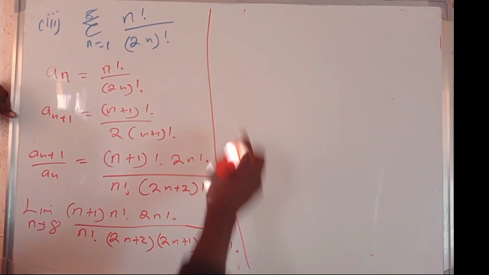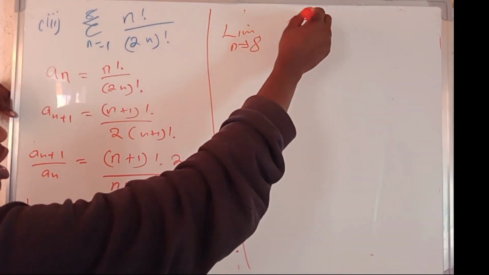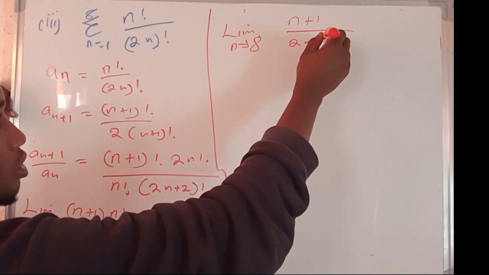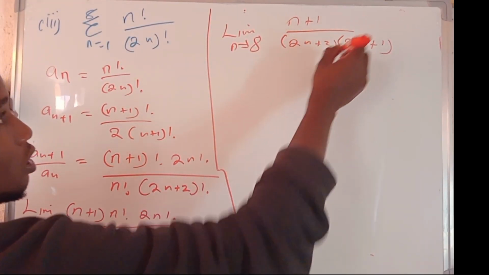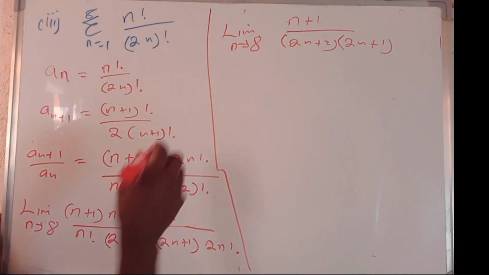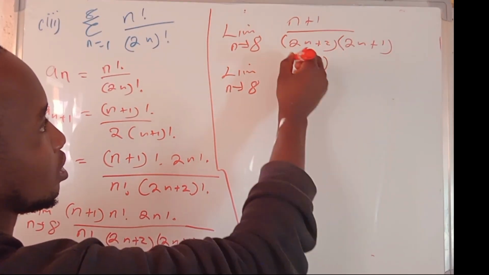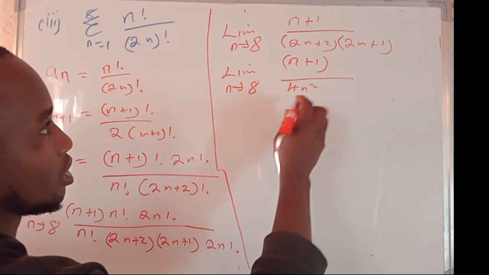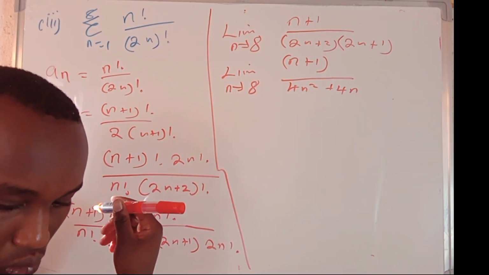Your limit simplifies to the limit as n approaches infinity of n plus 1 divided by 2n plus 2 times 2n plus 1, which is equal to n plus 1 over, you expand the denominator part, 4n squared plus 6n plus 2.